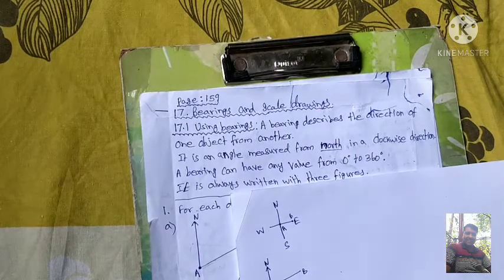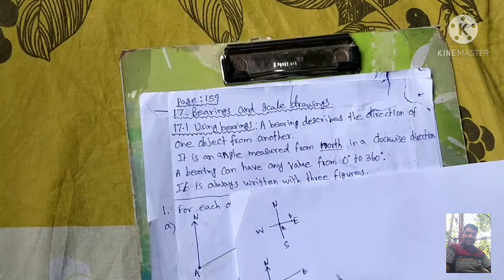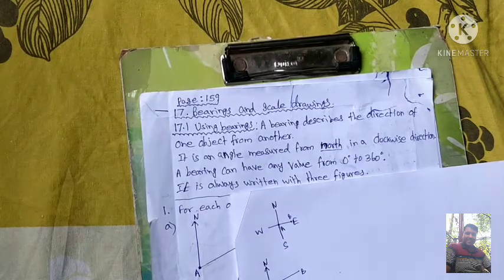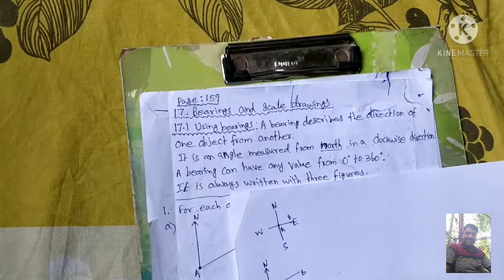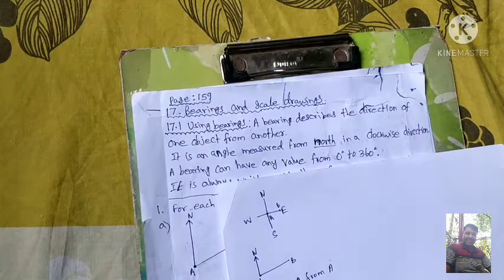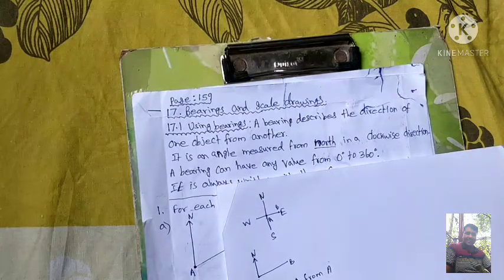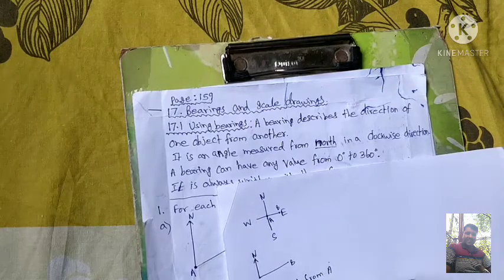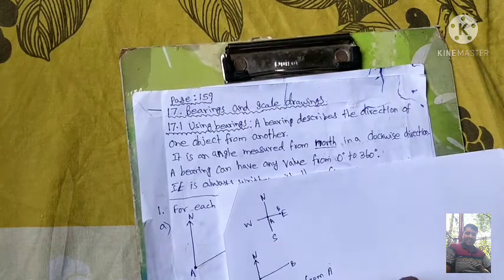So now we are going to measure. I am writing bearing of B from A. It is also known as bearing of A to B. So these both are same.